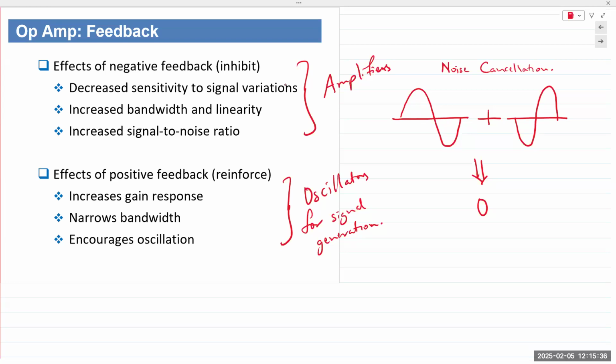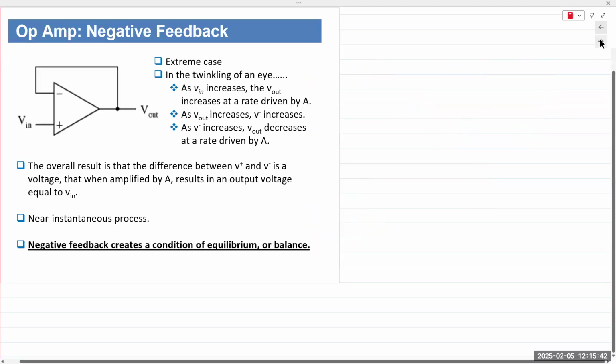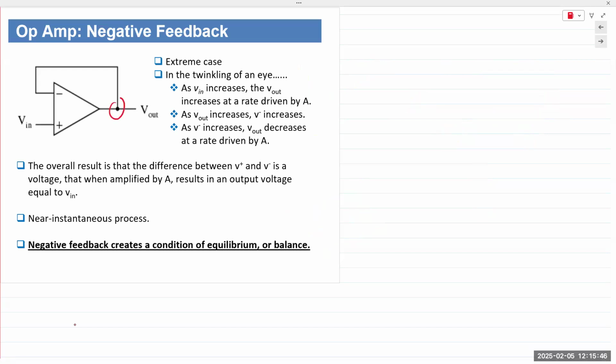So let's look at the first example or first circuit with negative feedback. All right, so you have an OpAmp. You take the output, feed it back into the inverting terminal. No other resistors, nothing else is in the circuit. Okay, it's simply the op amp. You're taking the output, feed it back into the inverting terminal.